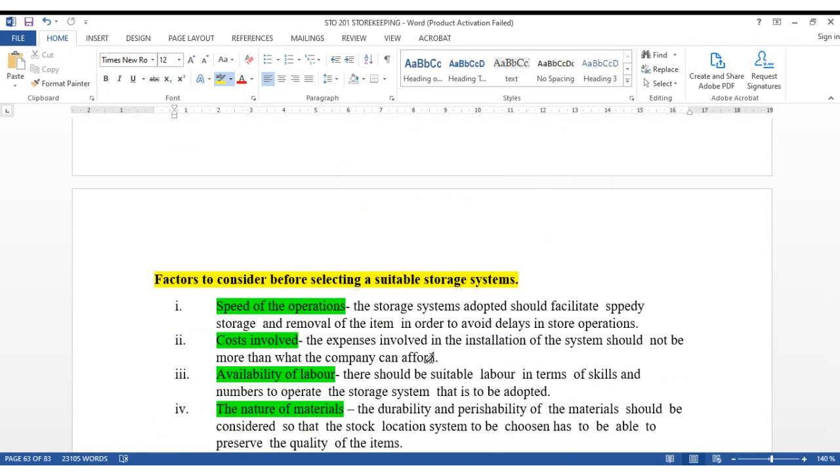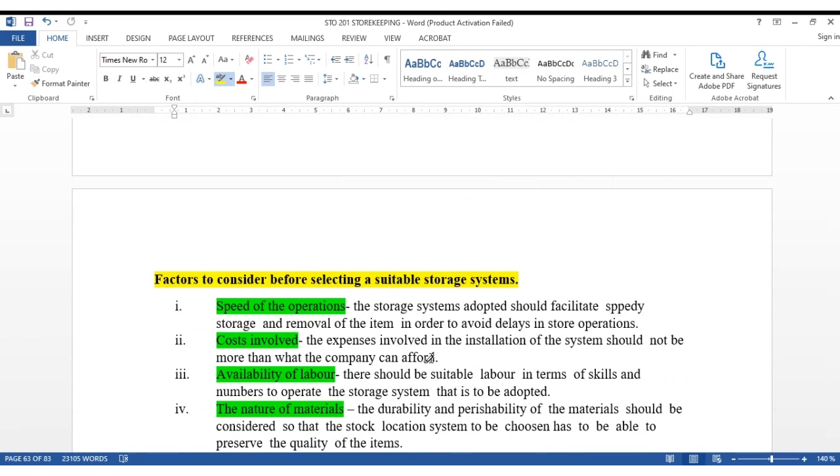Secondly, it's the cost involved, which relates to the expenses of installation of such systems and expenses relating to maintenance. Thirdly, is availability of labor that can support the use of such equipment. Mechanical equipment needs people who are skillful enough to run them.